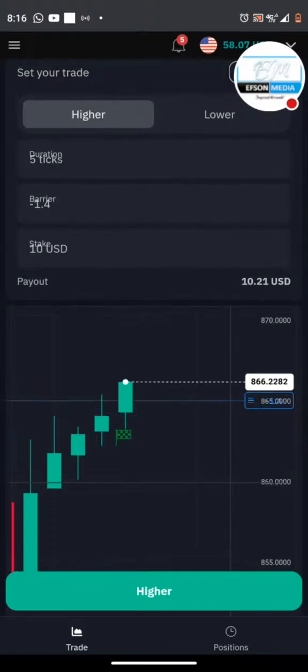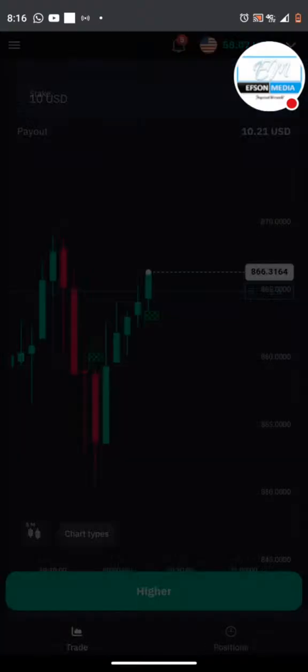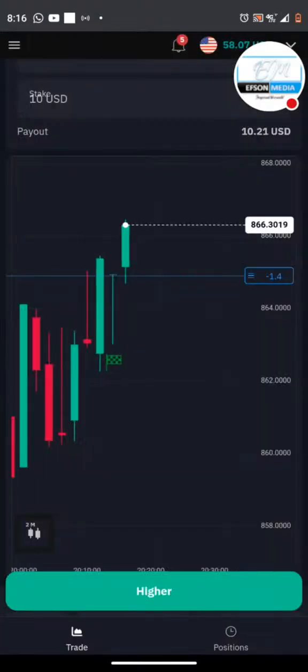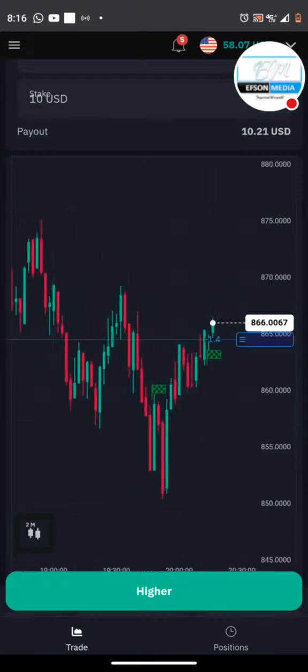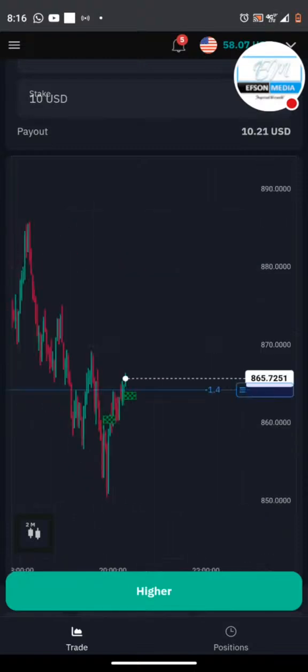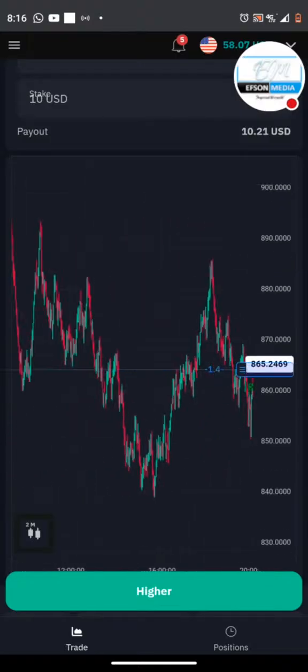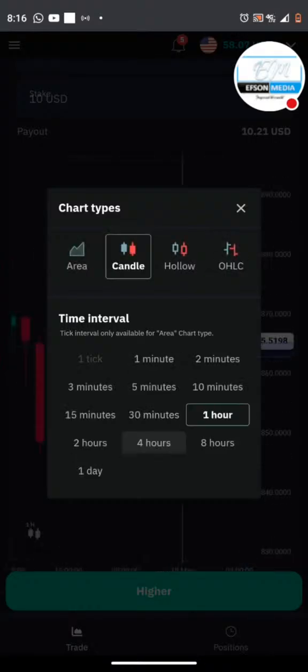It's 8:16. Candles are moving. 2 minute candle. Look at your resistance. If there's no resistance there, go back to your highest time frame, 4 hour.